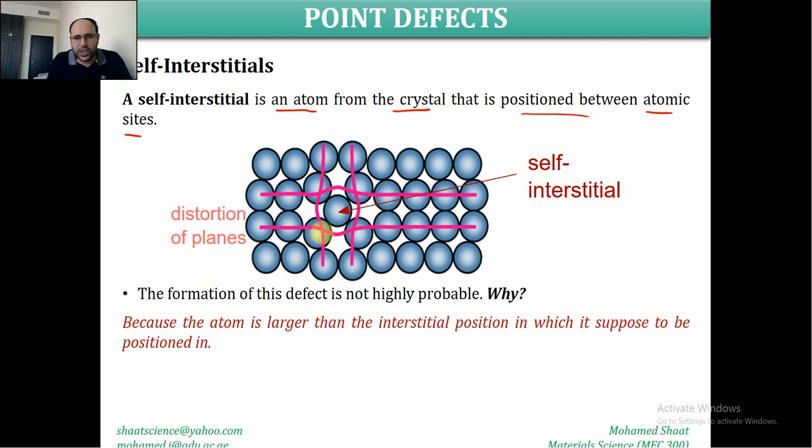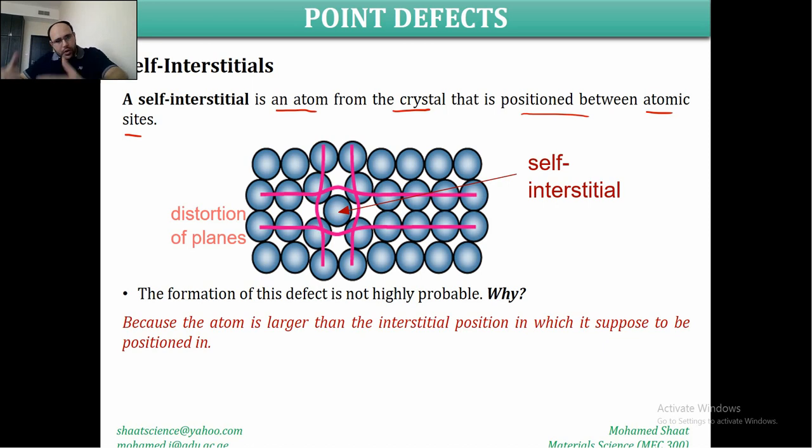Instead of having these planes straight, they are going to be curved next to or around this interstitial, indicating that there is a defect. This defect will result in some changes in the material properties, and this is what will be discussed in detail in the next chapters. Make sense? So that's why here we are just discussing these different forms and types of defects.